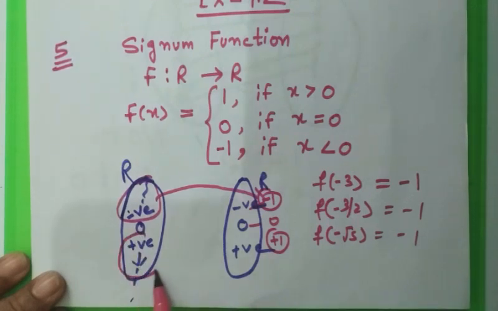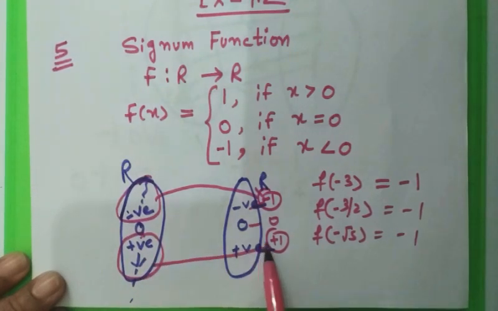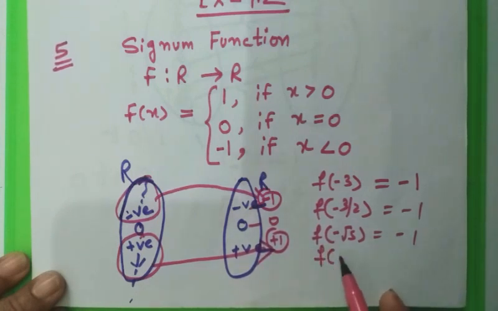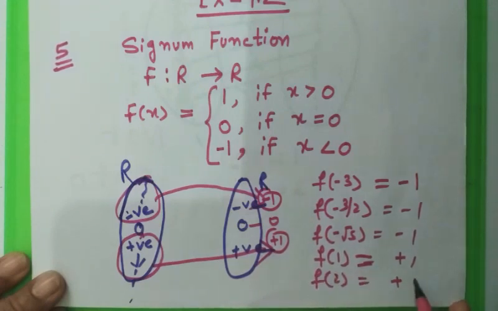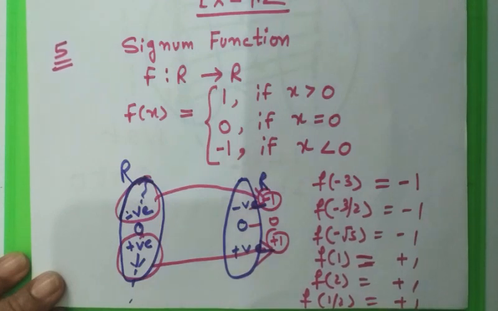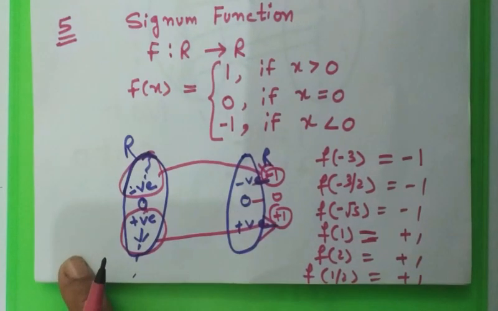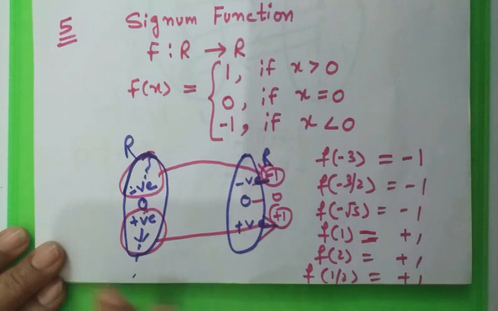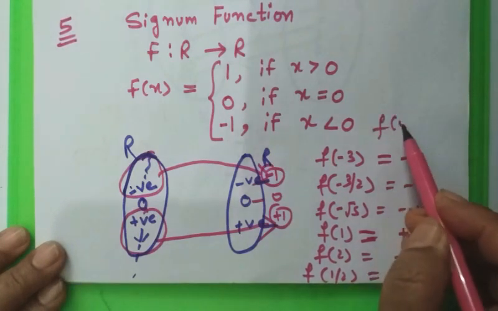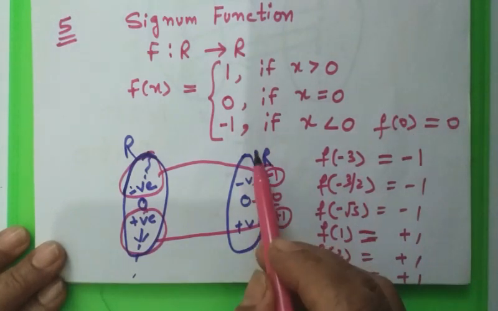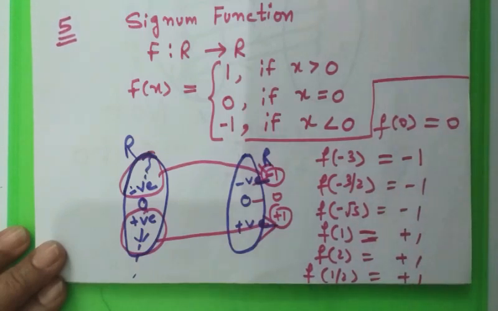Similarly, all positive reals have been mapped to plus 1. That is, f(1) is plus 1, f(2) is plus 1, f(1/2) is plus 1, and again the list is endless or infinite. And one more thing, f(0) is 0. This is the structure of the function.